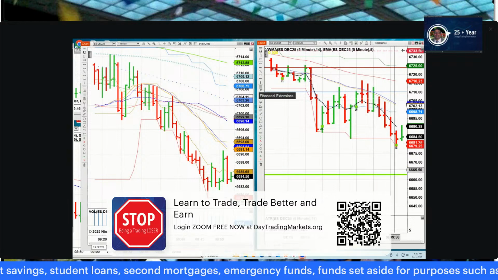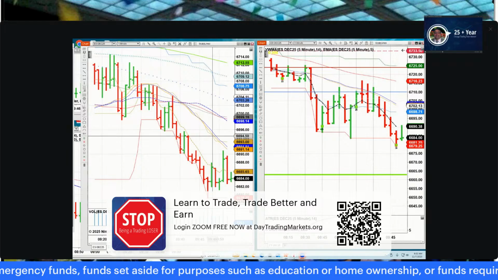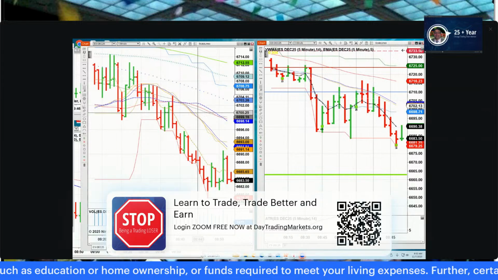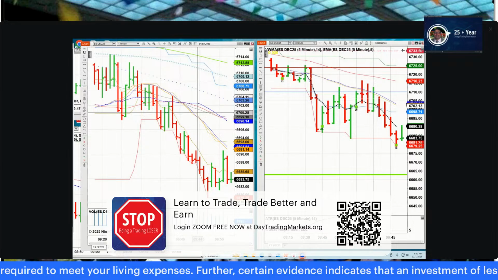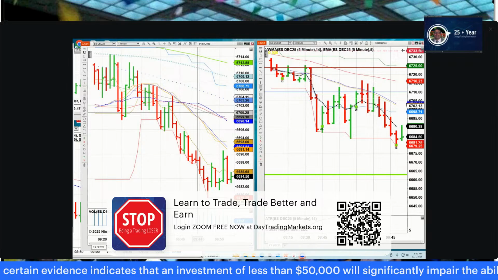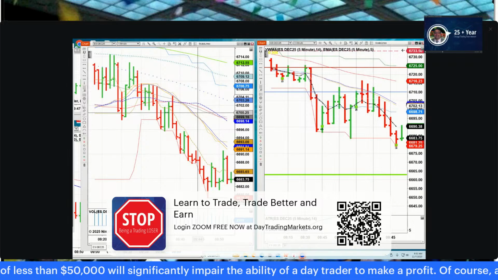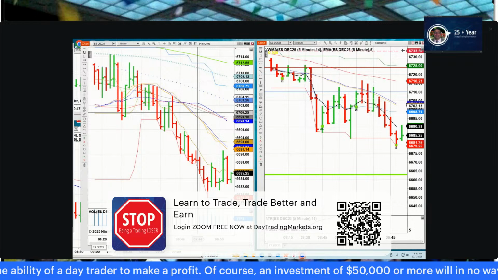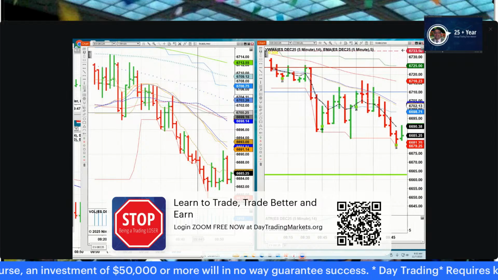See this 5-minute bar here close above 91, preferably up around that 96 area. Look like it's trying to turn over.